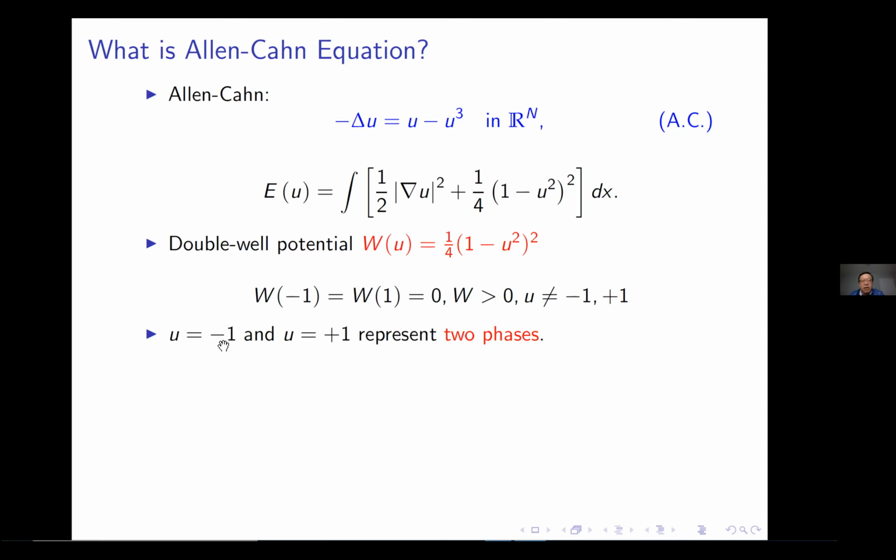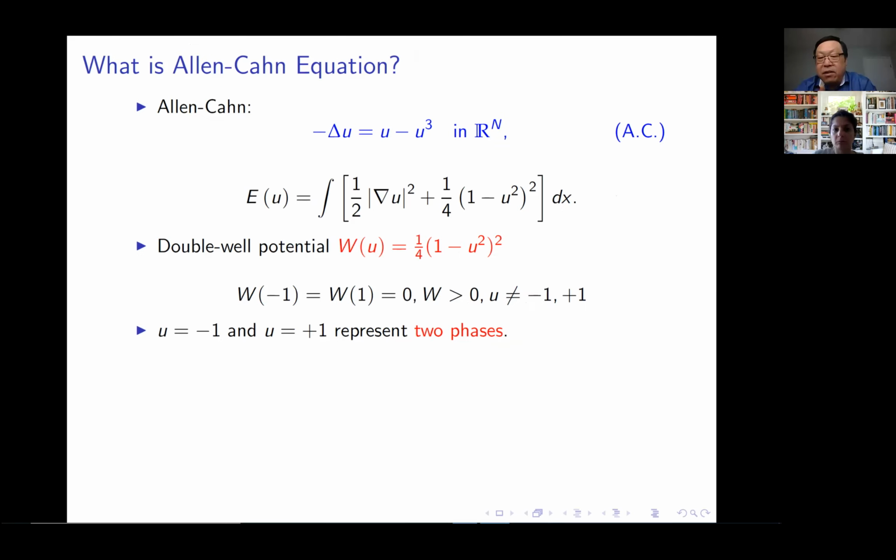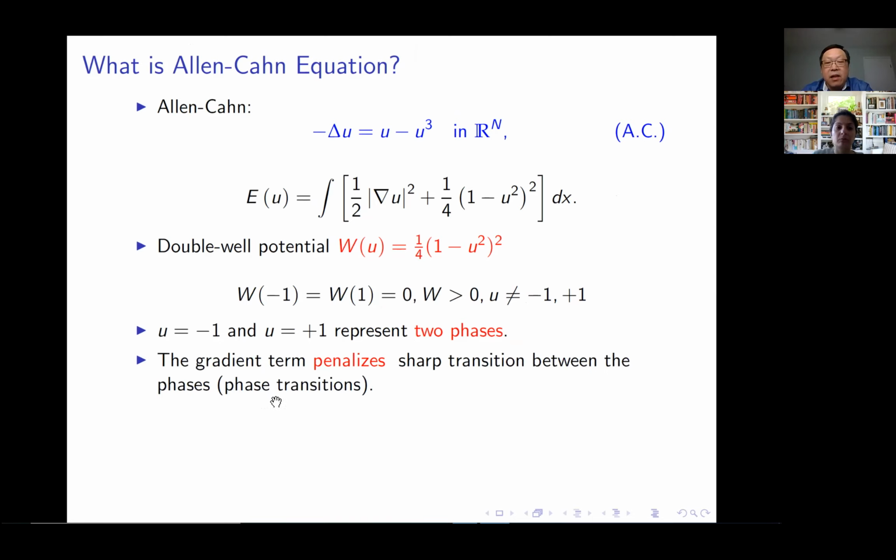What do these two values, minus 1 and plus 1, mean? They represent two phases. For example, think about the zebra stripes: minus 1 may correspond to the dark color, and plus 1 may correspond to the white color. These are the two phases. If we don't have the kinetic term, then the only solutions will be plus or minus 1.